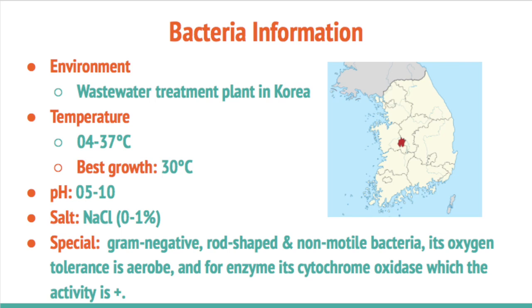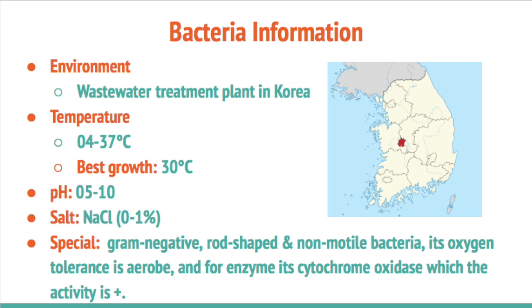The temperature in which this bacteria grows is between 4 to 37 degrees Celsius, or converted into Fahrenheit, between 39.2 and 98.6 degrees Fahrenheit. Its best growth temperature is 30 degrees Celsius, or 86 degrees Fahrenheit.